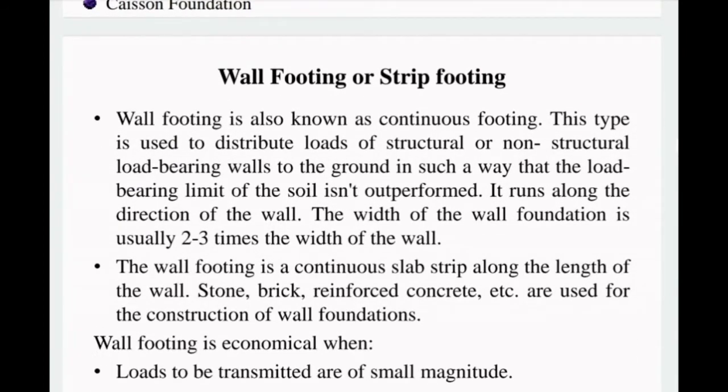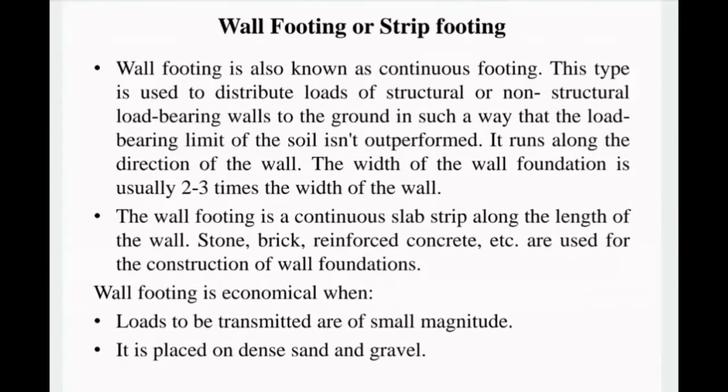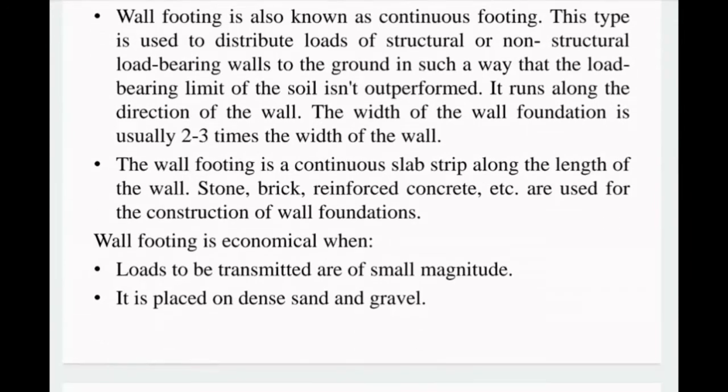First one is wall footing or strip footing. The wall footing is also known as continuous footing. It runs along the direction of the wall. This type of foundation is used to distribute loads of structural or non-structural load-bearing walls to the ground in such a way that the load-bearing limit of the soil is not exceeded.